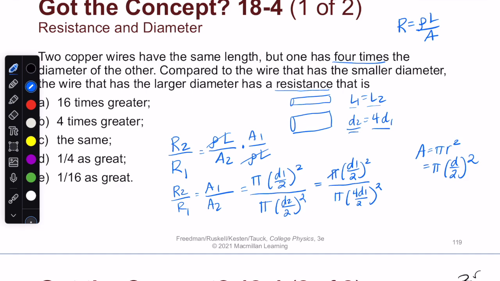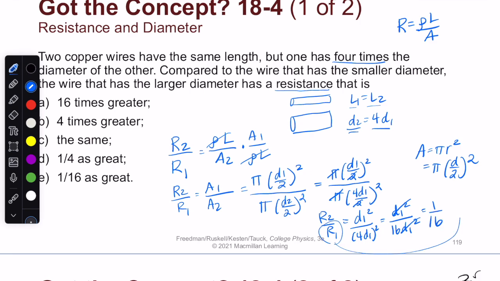Then we have some cancellations going on here, right? And what we end up with is that R2 over R1 is equal to D1 squared over 4D1 squared, which is D1 squared over 16D1 squared. The D1s go away, and that leaves me with 1 over 16.